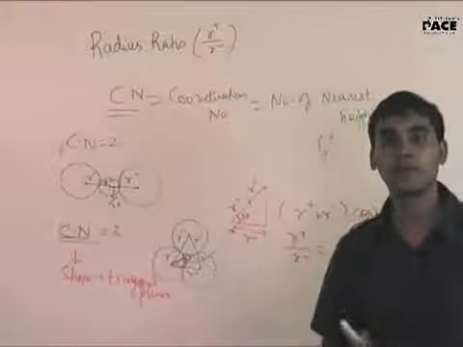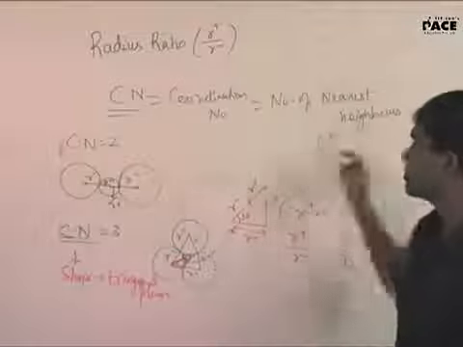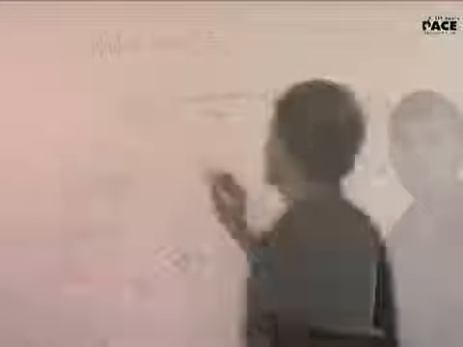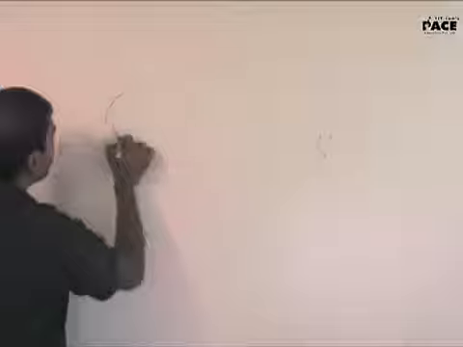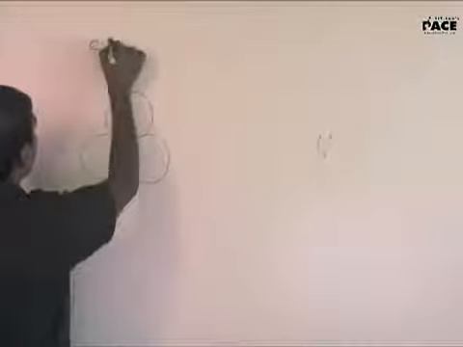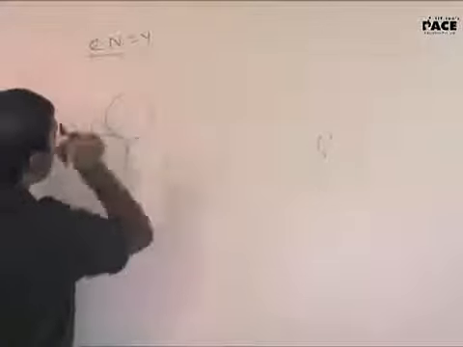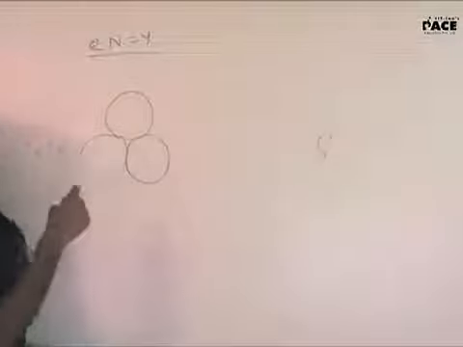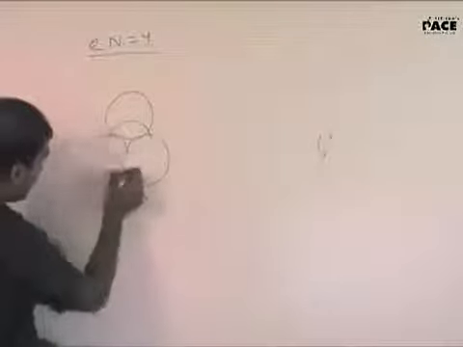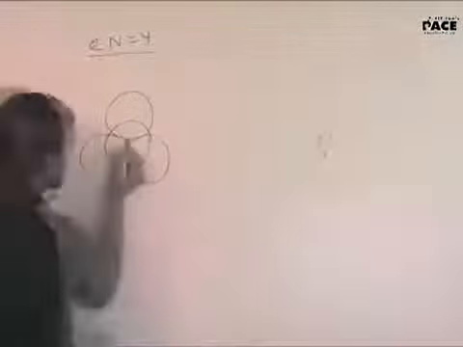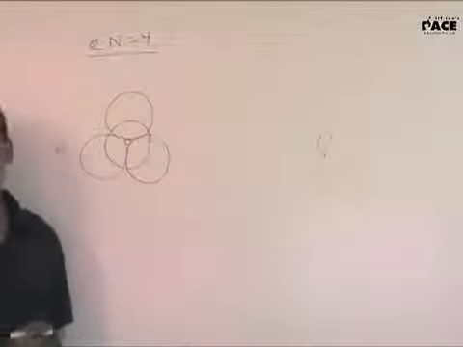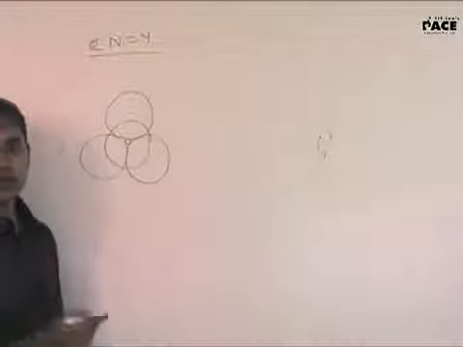Clear? Yes, sir. Similarly, suppose I have a case like this, with a coordination number of 4. I have 3 anions, I place a 4th anion on top, and I put a cation in the middle.